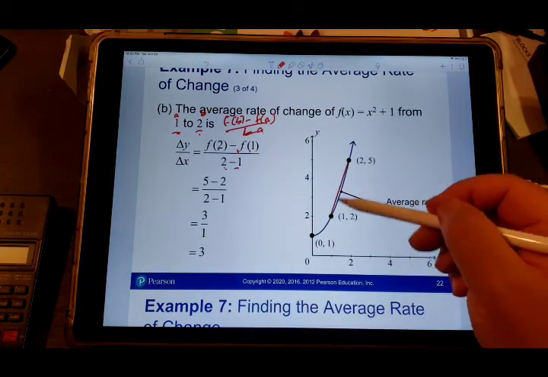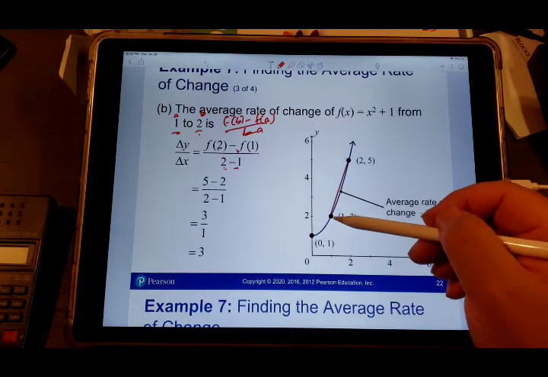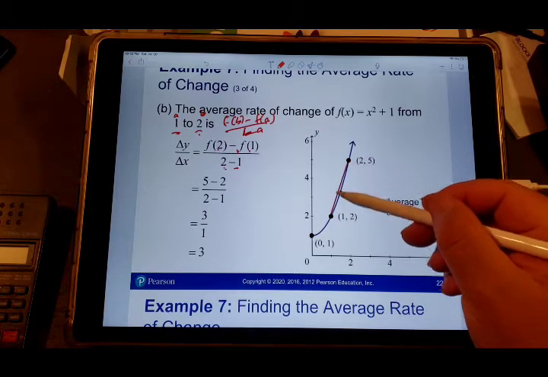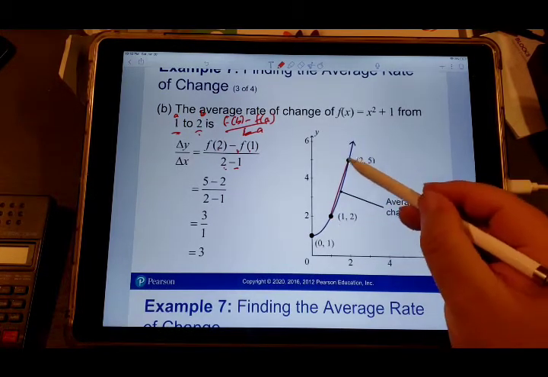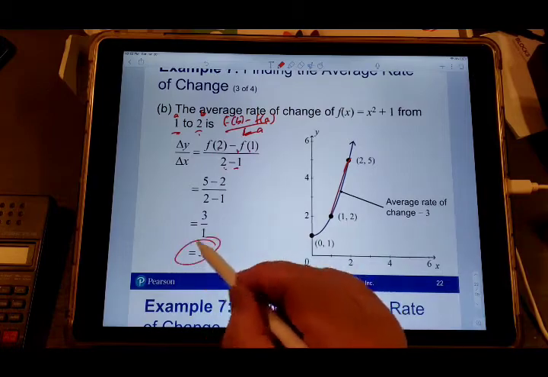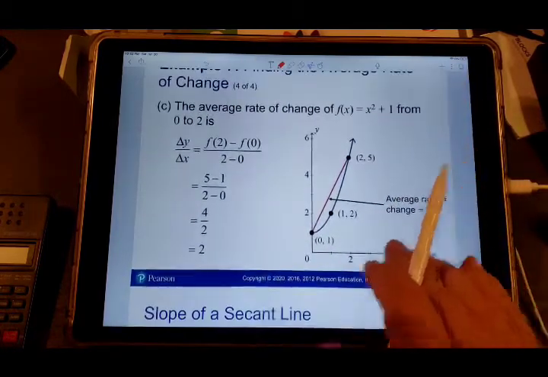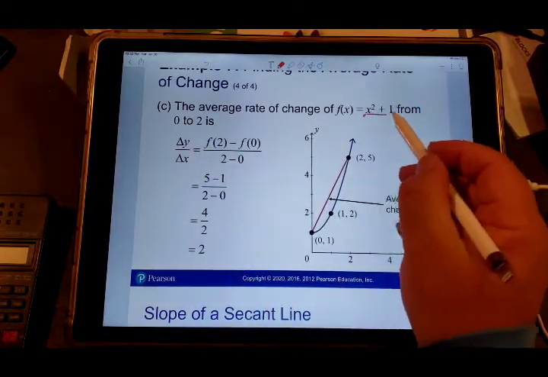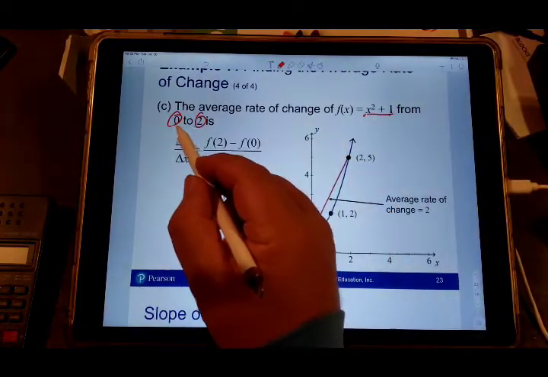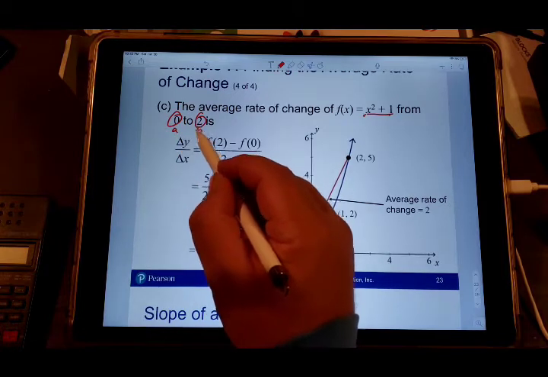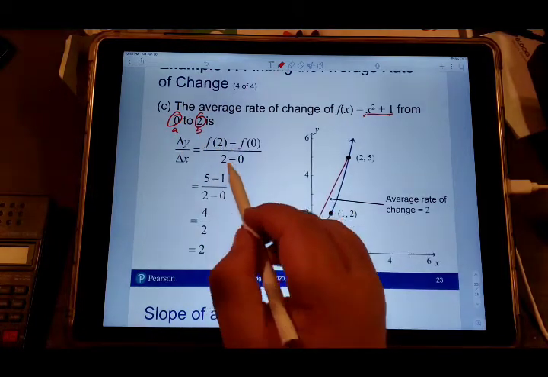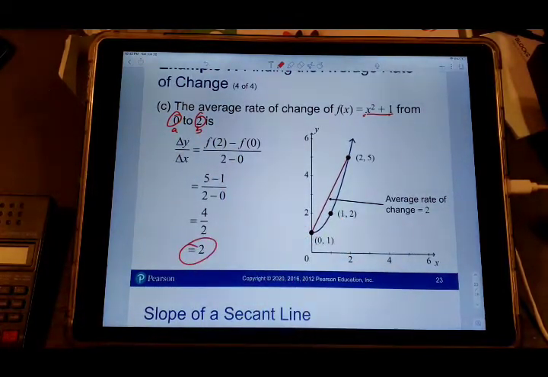And notice they drew it here. That's not my drawing, although it looks kind of like one of my drawings. That is the slope of that line. So you find out the slope is 3, or the average rate of change is 3. Anyhow, if they give you the same function, but whatever A and B they give you, you're just going to plug it in and calculate that slope.